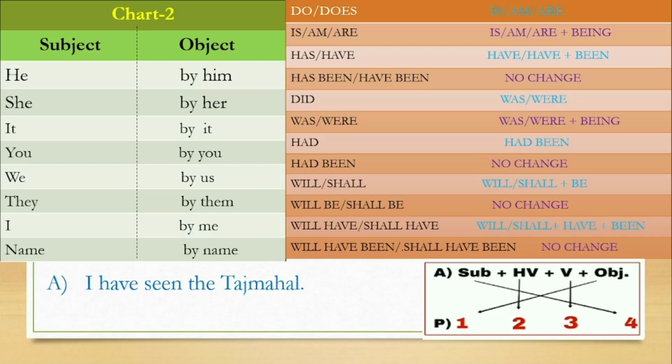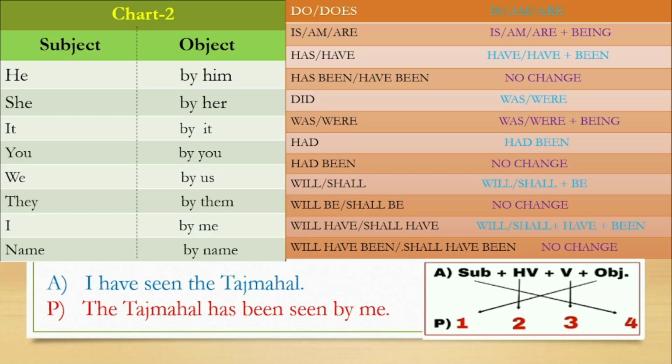You will not write have here because the Taj Mahal is singular. You also have to care about singular and plural objects. Here the singular object is the Taj Mahal, so it will be has. Has will be changed into has been. The Taj Mahal has been seen by me.